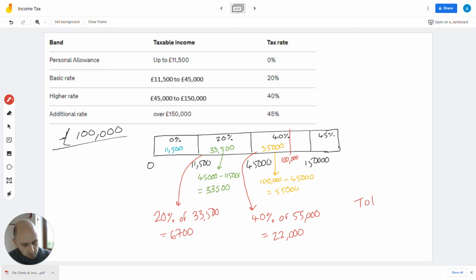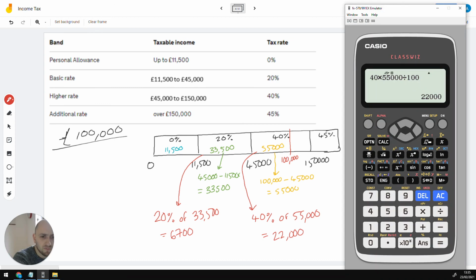So total tax is going to be 6,700 and 22,000. Just double check if I did that correctly.